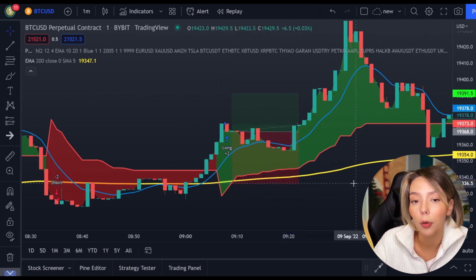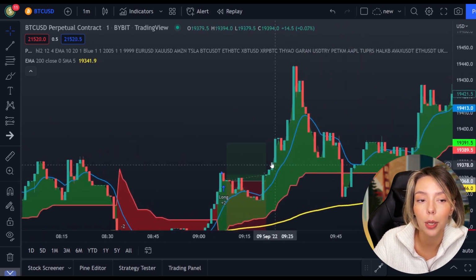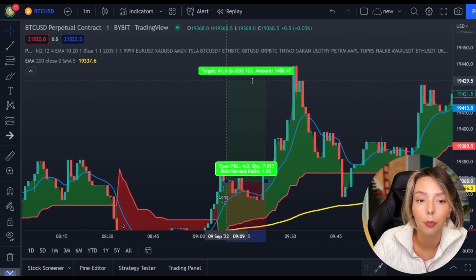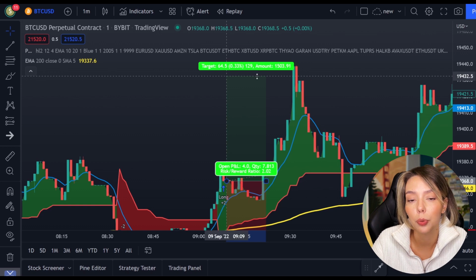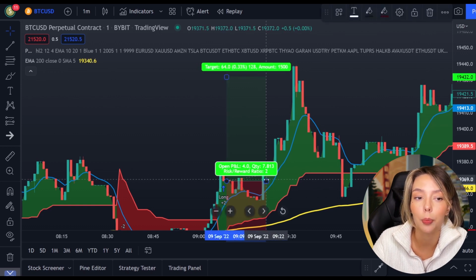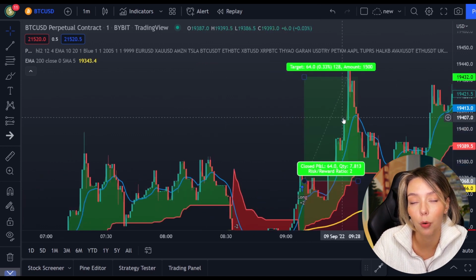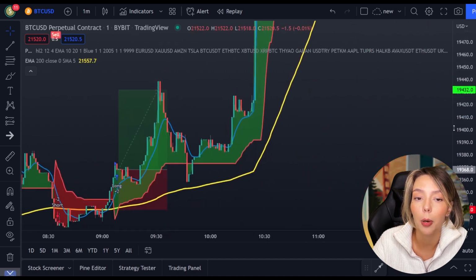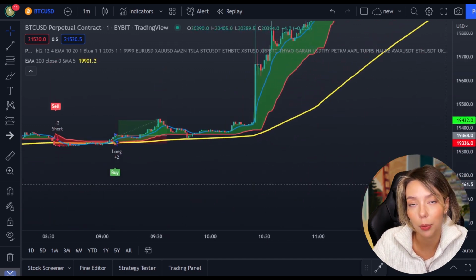We always set our stop loss below the 200 EMA, that is the yellow line. For the take profit, you can do two things. The first option is to maintain a fixed take profit of 2. In that case, this buy position would have quickly closed in profit.